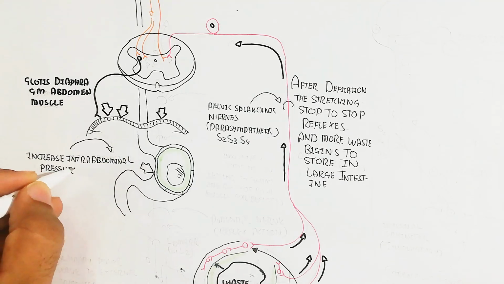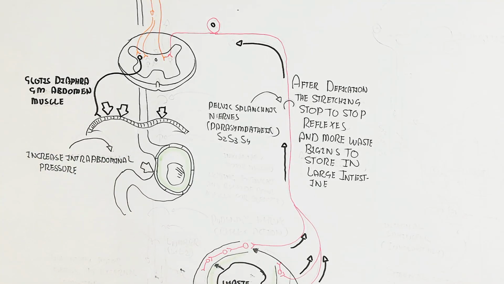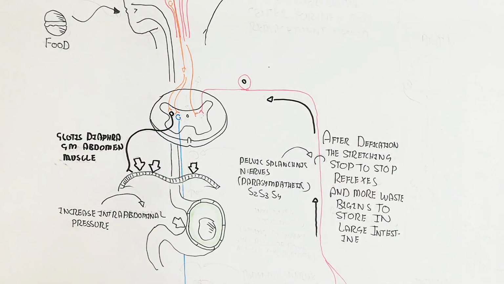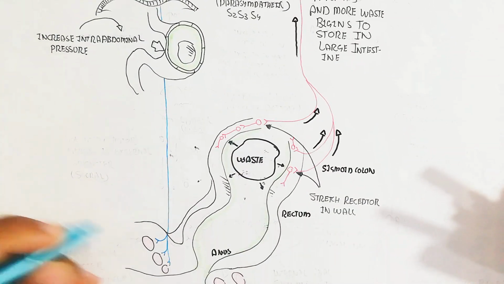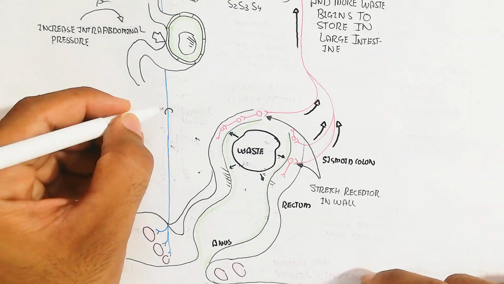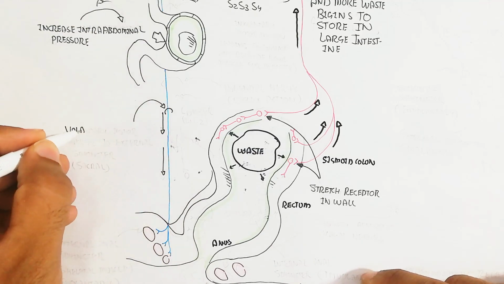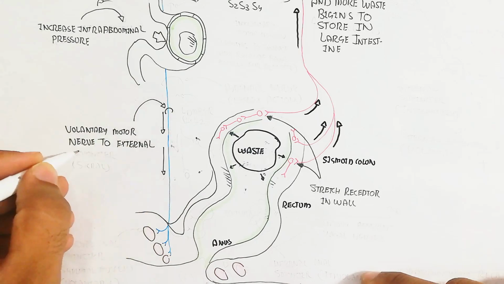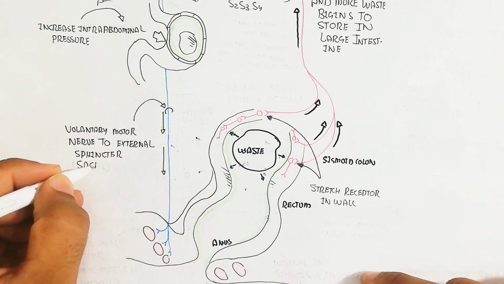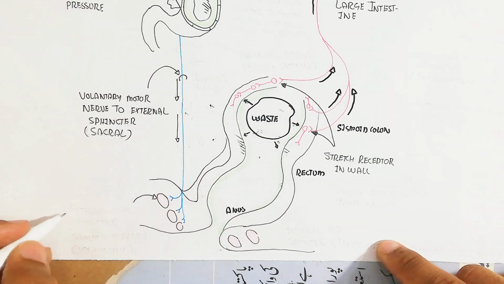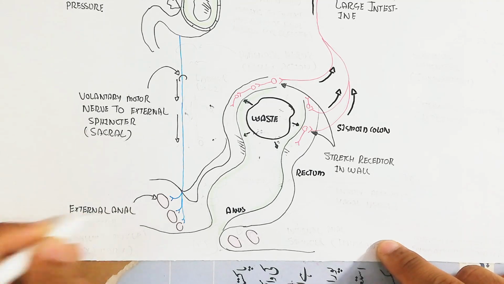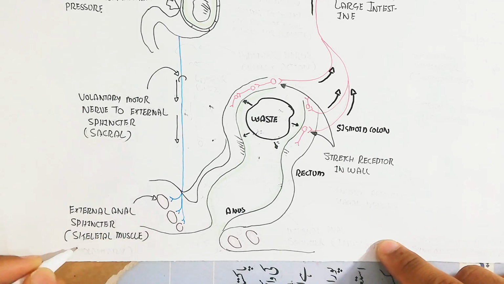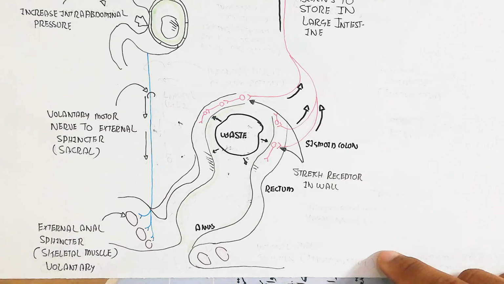The increase in intra-abdominal pressure is due to these nerves when the signal goes, as well as the two neurons which, after receiving the signal from stretching, go downward: the voluntary motor neuron to the external sphincter. Two sphincters are present in the muscle of the anus near the rectum. This is the external anal sphincter muscle. It is a skeletal muscle and voluntary. It is under our control, remember.